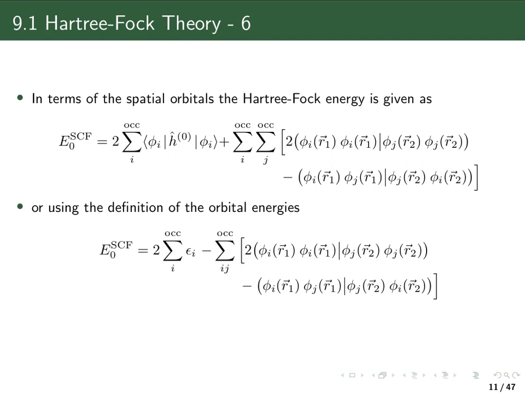And finally, I also have the corresponding expression where I make use of the orbital energies. Here is the sum over the orbital energies for the occupied spatial orbitals times 2, because there are 2 electrons in each of them. And then here the averaged electron-electron interaction, where the first integral is the Coulomb integral and the second one is the exchange contribution.